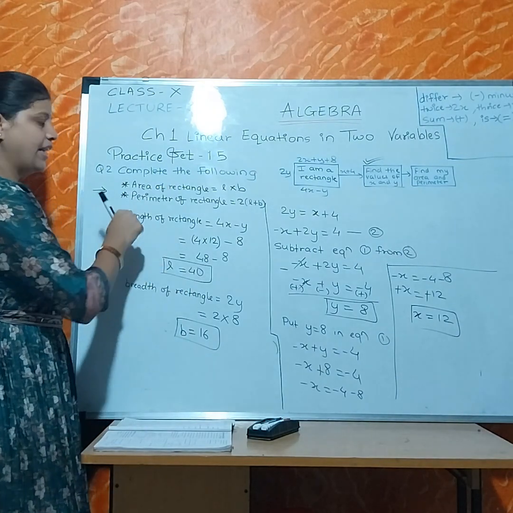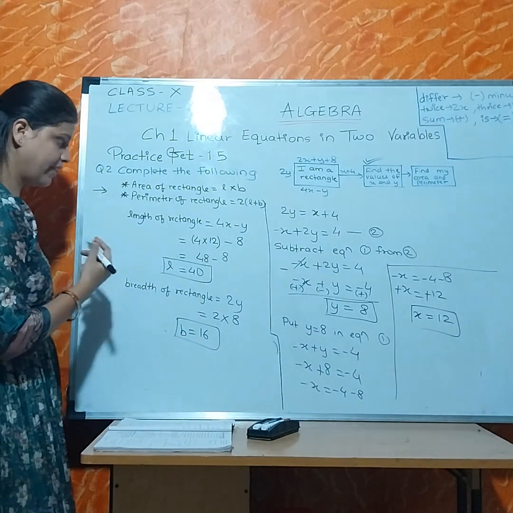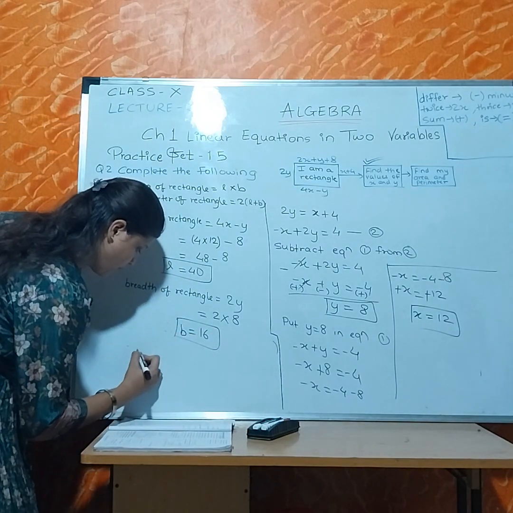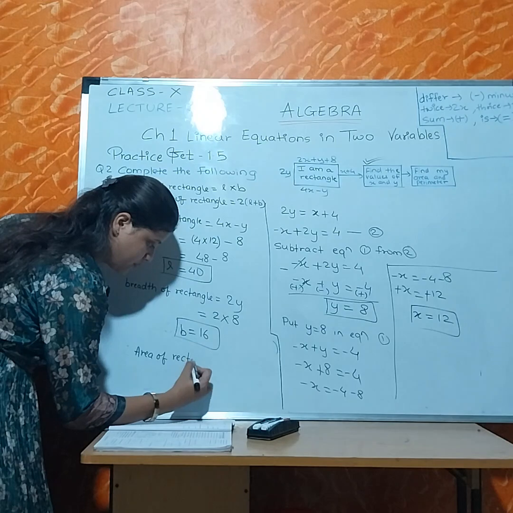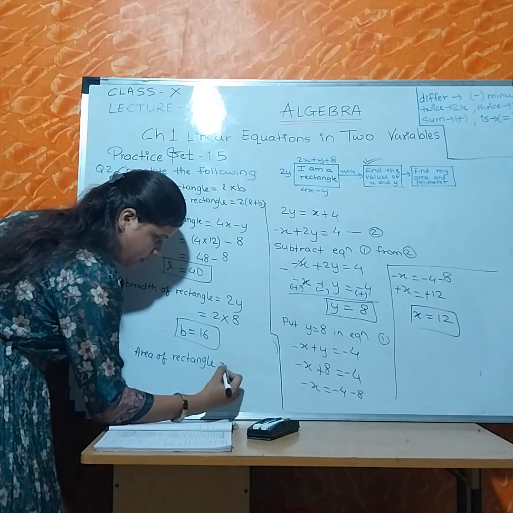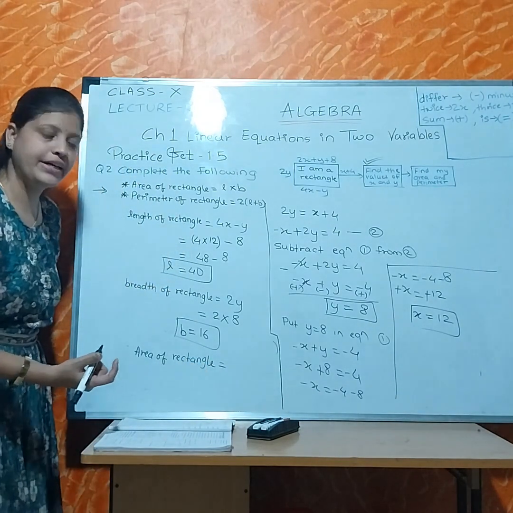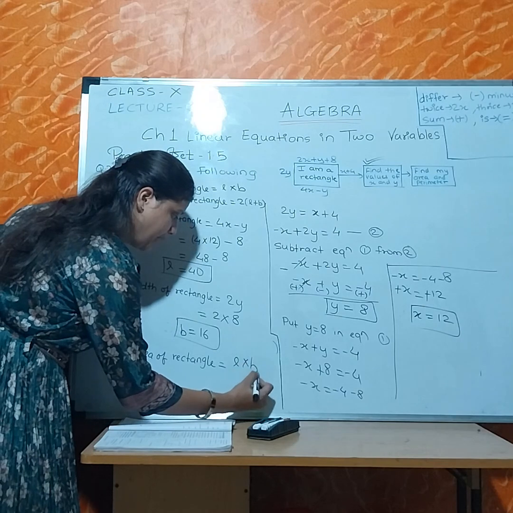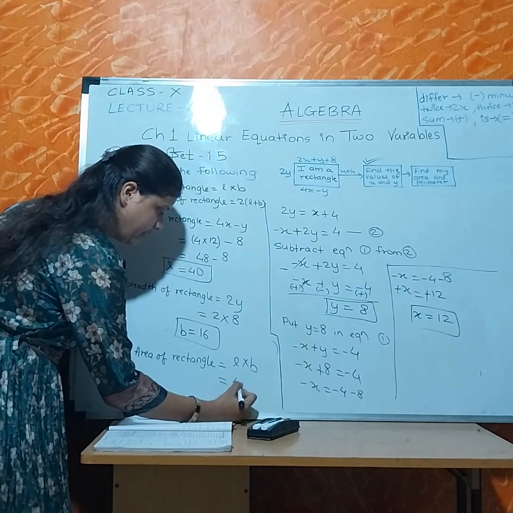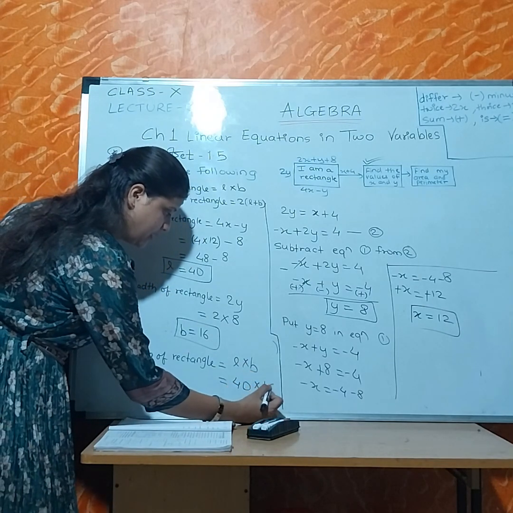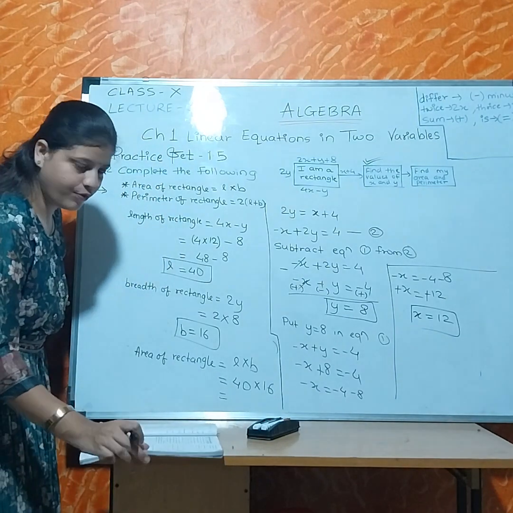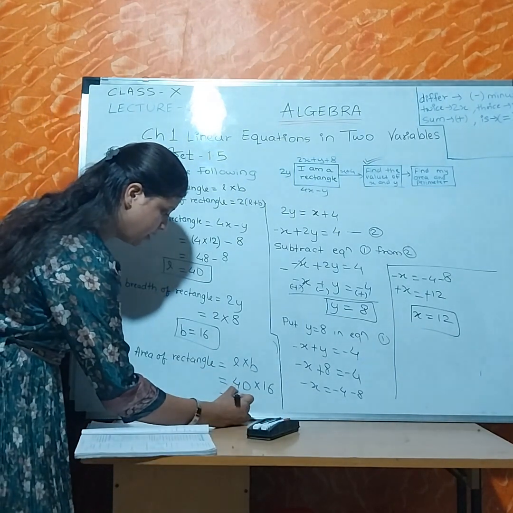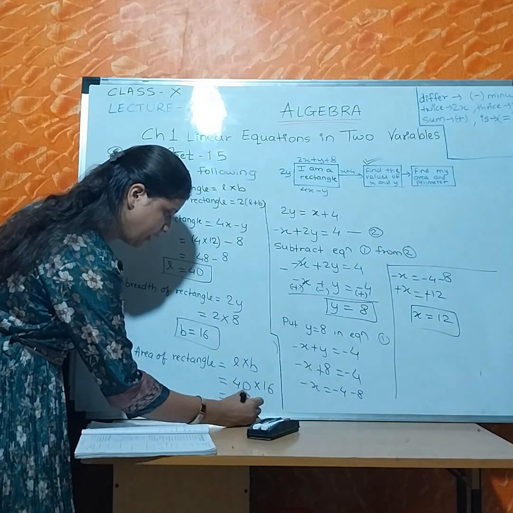Now we will find area of rectangle and perimeter of a rectangle. So what is the formula of area of rectangle? Length into breadth. So length is 40 and breadth is 16. 16 fours are 64 and this is 0, that means 640.